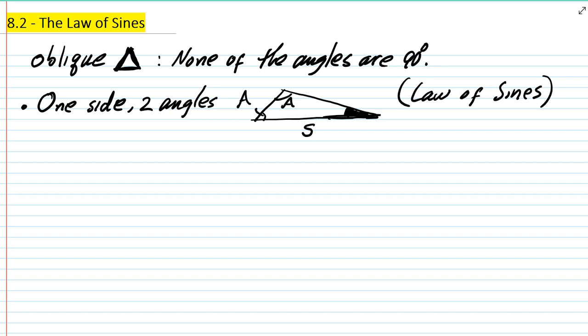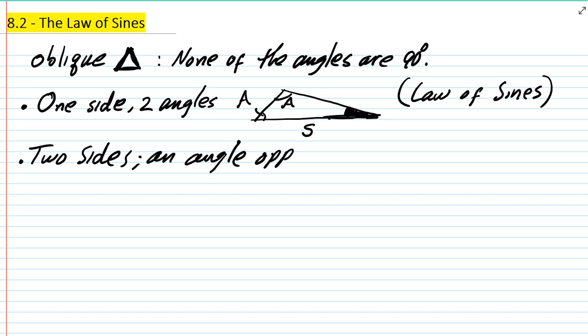The other configuration is that we have two sides and an angle opposite one of them. This is the more involved case.